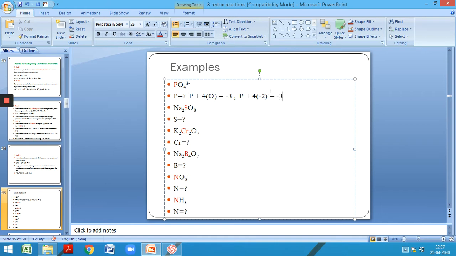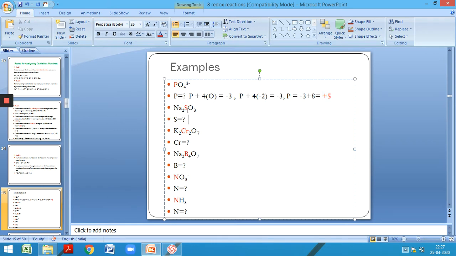If we solve for the oxidation number of phosphorus, it comes out to be -3 plus 8, which is equal to +5. So the oxidation number of phosphorus in phosphate ion is +5.